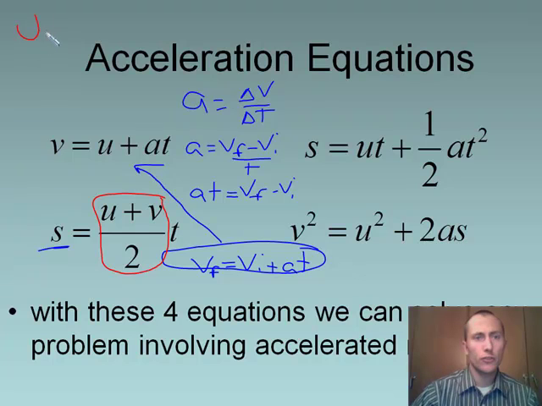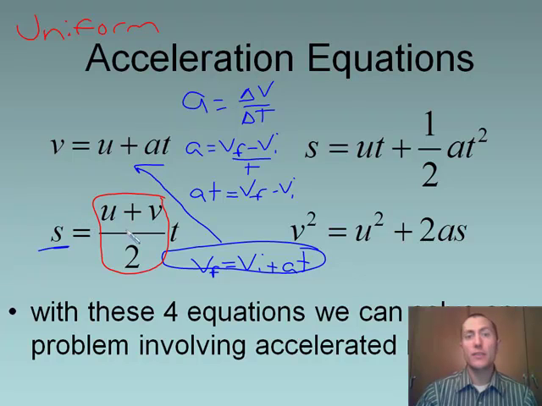Uniform acceleration equations. The initial velocity plus the final velocity divided by 2, in uniform acceleration, gives us the average velocity. And so this little square component here is the average velocity, so the total displacement is equal to the average velocity times time.